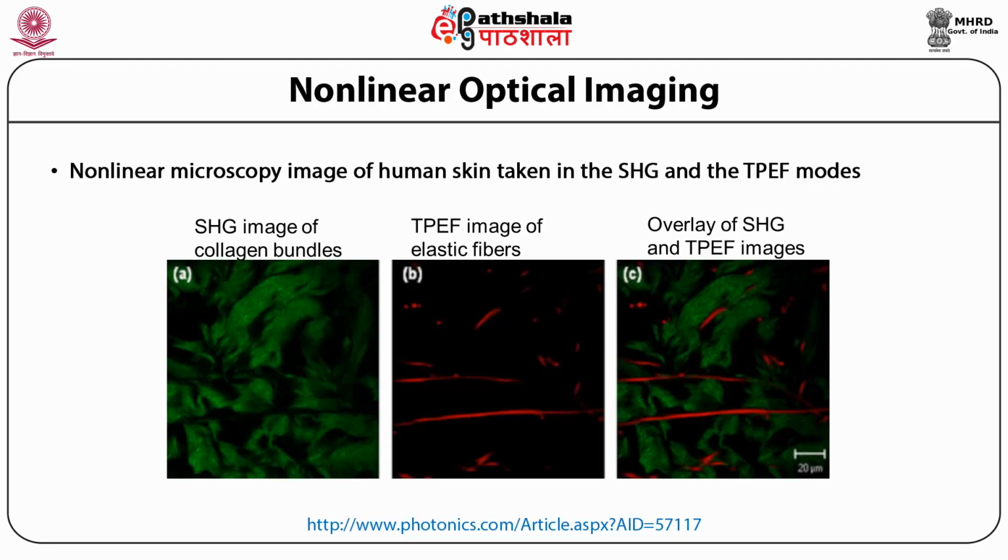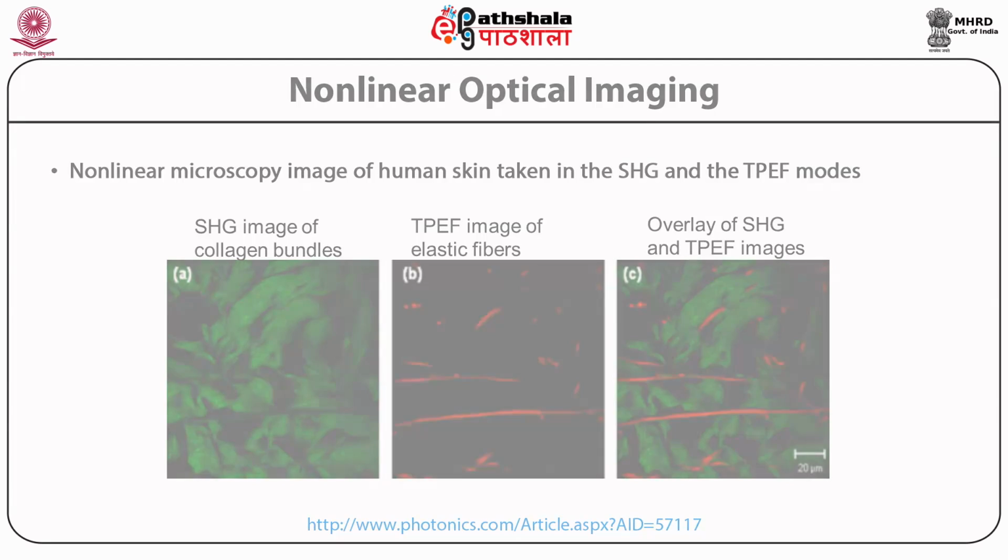Together, the overlay of the SHG and the two photon excited fluorescence images is shown in figure C, and the contrast is amazing: every nonlinear process is able to detect a different thing, and that is the power of nonlinear optical microscopes.